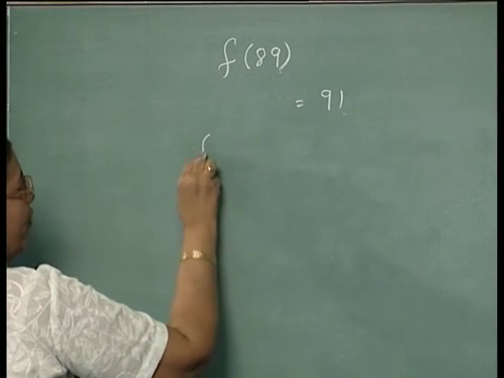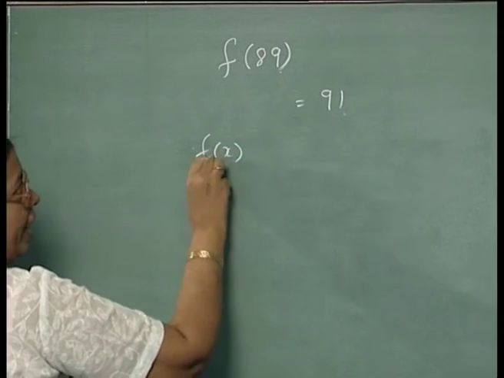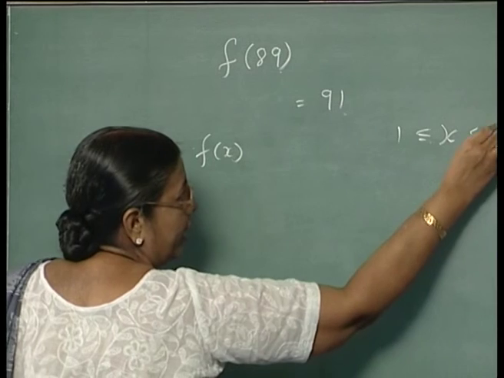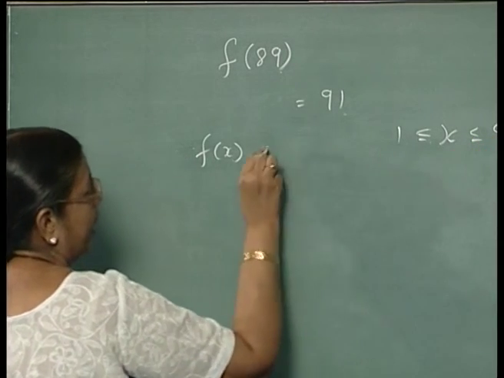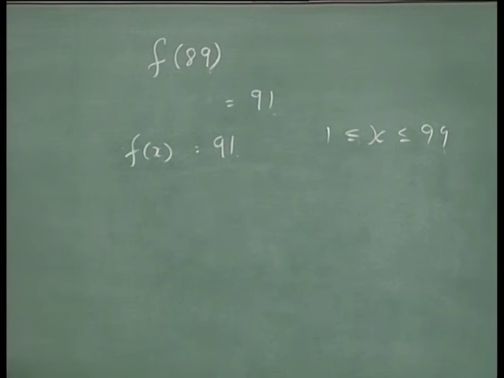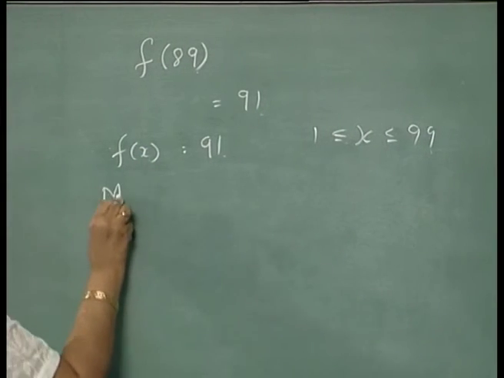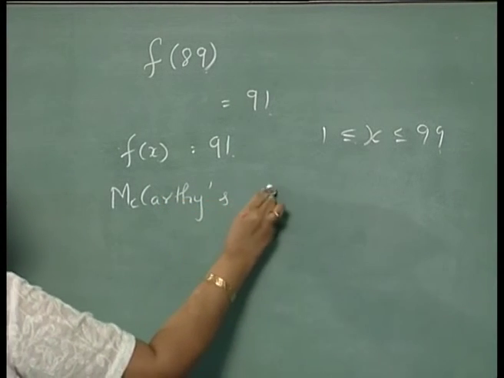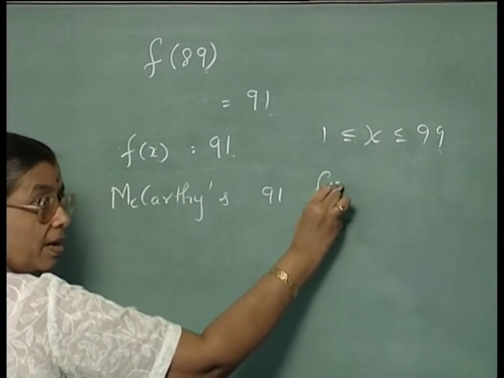For any value you take where x is between 1 and 99, this will be only 91. This is called McCarthy's 91 function.